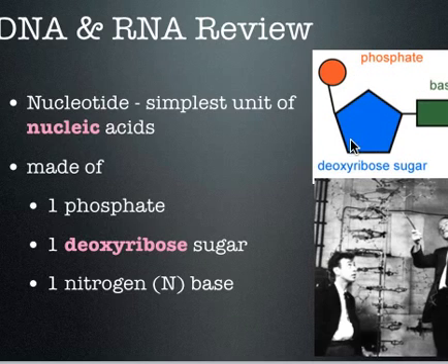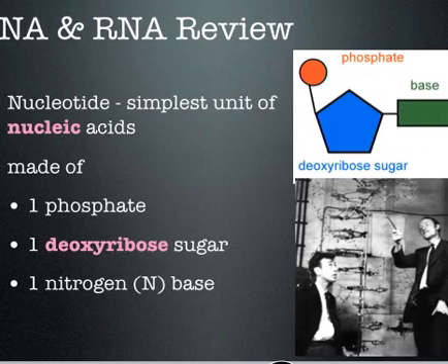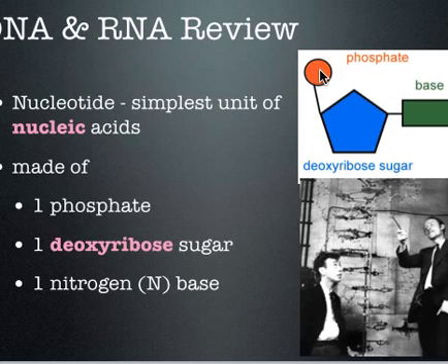And here's actually a picture of that simple unit. You have a phosphate, a deoxyribose sugar, and a base. There's 3 things that make up a nucleotide, and here they are here. It's in your notes, made up of a phosphate, 1 deoxyribose sugar, and 1 nitrogen, which is given a capital N base.